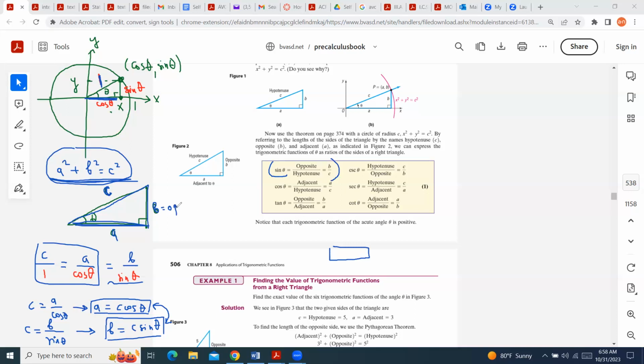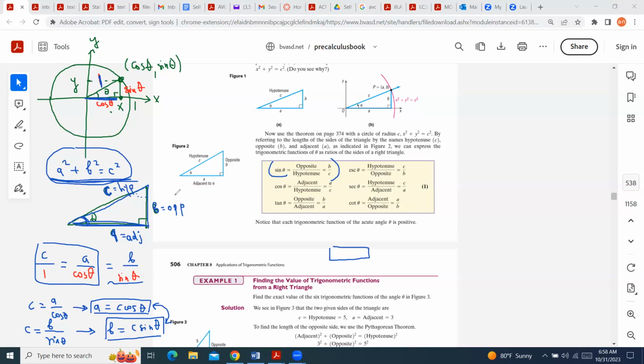B is opposite to the angle theta, because angle theta is here. What if angle theta is here? Well, then B will be in the place of A. So it's still the opposite side. That's the so-called adjacent side, because it's touching my angle theta. And that is called the hypotenuse.